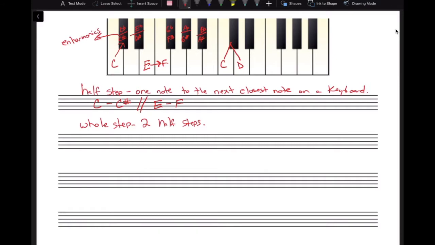If we are on E and we want to go a whole step, we go F, F sharp. So that's a half step versus a whole step. Here are the whole steps, and here are the half steps. Now, like I said, 5 minutes, and we're going to move on. So you have whole steps, you have half steps.